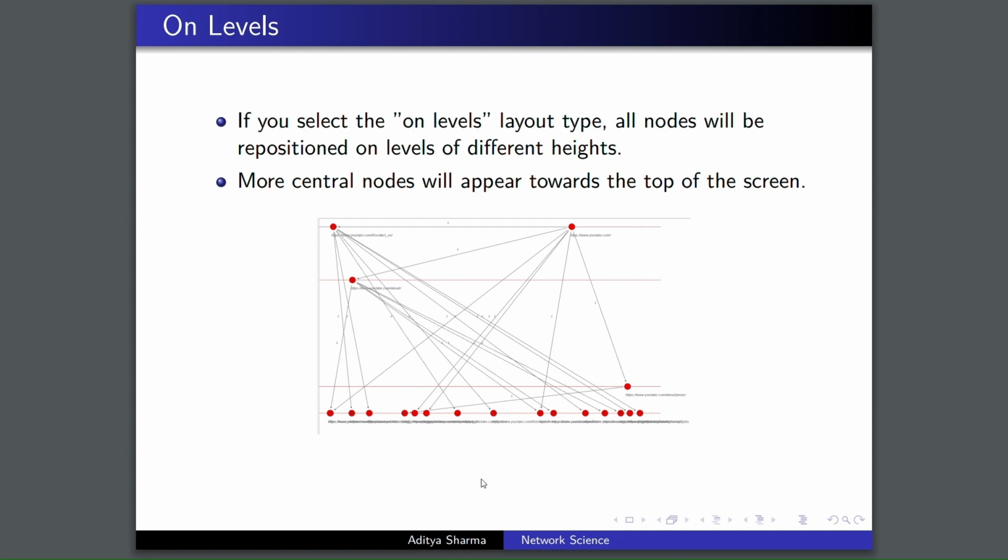It can accommodate around 100 to 200 nodes without getting very cluttered. The circular layout will get very cluttered if we have 100 or 200 nodes, but on levels layout can accommodate up to 100 nodes. These nodes portray similar kinds of traits.